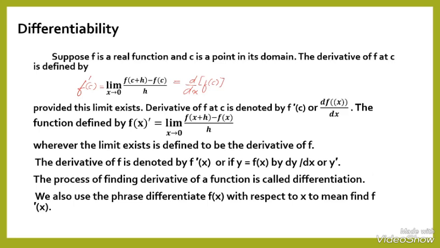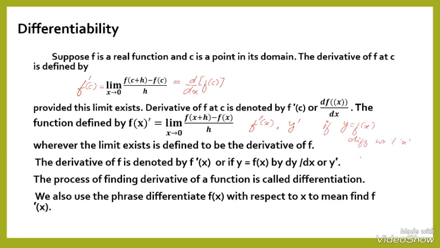Sometimes it can be written in the form f dash of x, or it can be written as y dash, because we take y equal to f of x. Here we have taken y as a function, y is equal to f of x, then differentiate with respect to x.